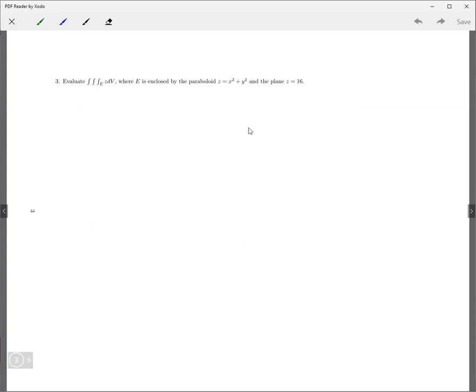Okay, so this paraboloid, what does that look like? Well, if you set the value of Z equal to some constant, like let's say you were to set it equal to 4, then this would be a circle of radius 2, right?